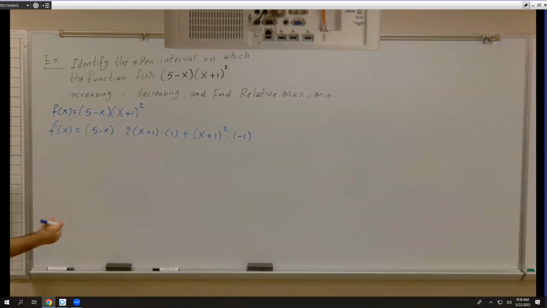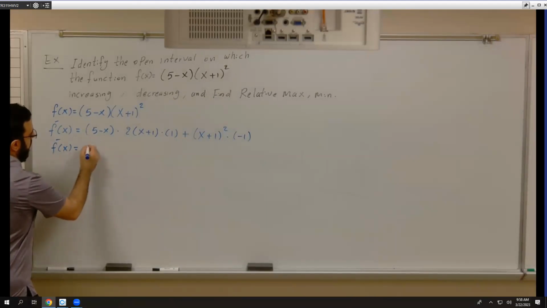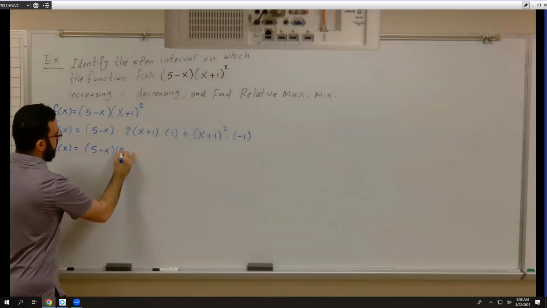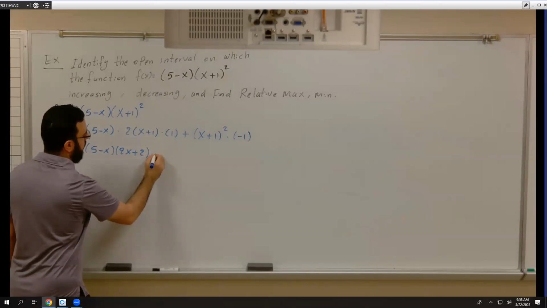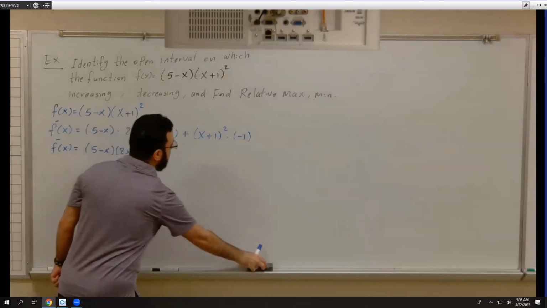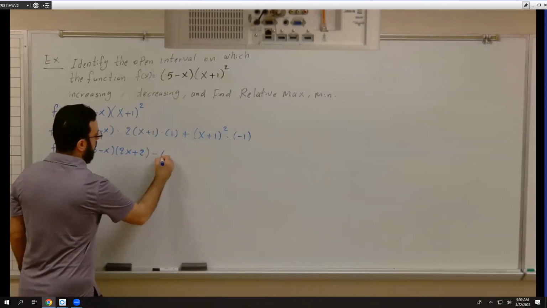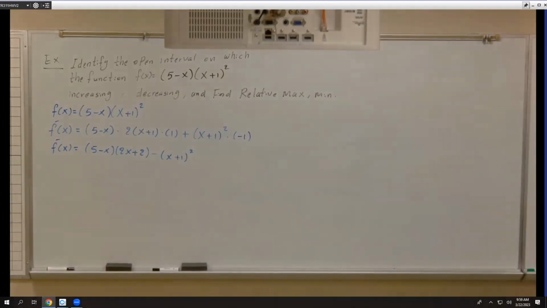We need to put these together. So f prime of x equals 5 minus x times 2 times x plus 1, which distributes to 2x plus 2, and the plus -1 is minus x plus 1 squared. This is only to find the derivative. Now, what are you going to do next?